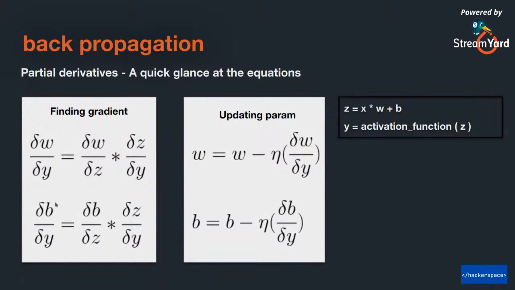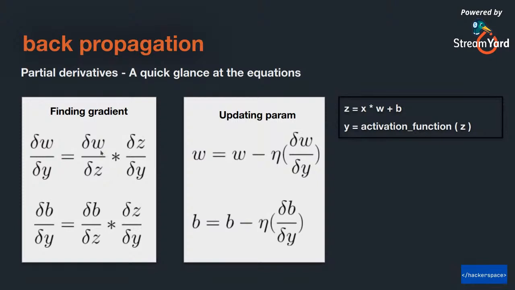So this particularly means the slope, and once you find the slope, you travel in the direction of the slope, and this equation embodies that, right? So w minus the learning rate times the slope means you're moving in the direction of the slope. Same thing goes for bias. Now there are two terms you must understand here. That is backpropagation. Backpropagation, in simplicity, is this particular equation, that is the chain rule, right?